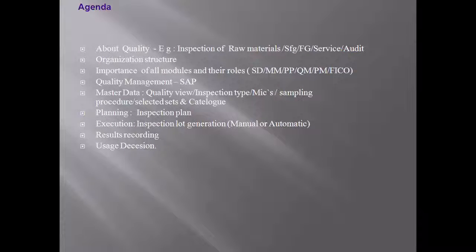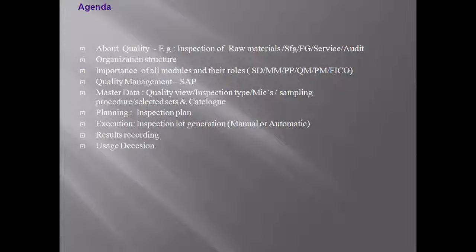All those things will be defined in selected set and catalog. Now after you have master data created, then we have to plan, that is inspection plan. In this inspection plan, we will define what characteristics you will be measuring for those raw materials or semi-finished or finished, with respect to which work center and all.